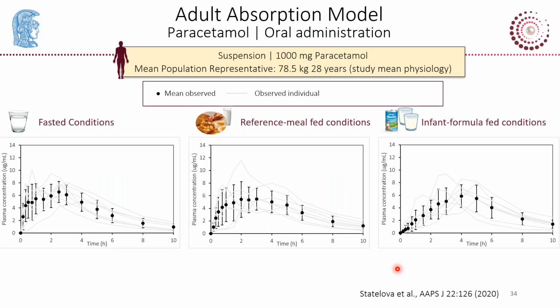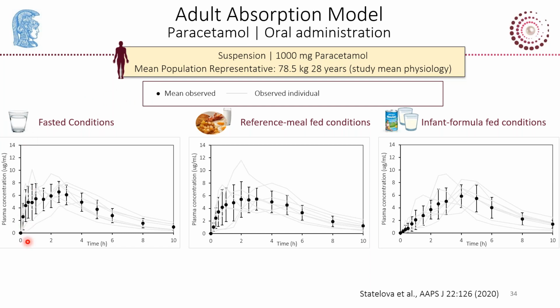Having said this, we will start directly from the adult absorption model, where we model the suspension given as 100 milligrams of paracetamol, and we created our mean population representative. We performed single simulations here. We followed the study mean physiology, so we created a 78 kilogram, 28 years old virtual physiology.